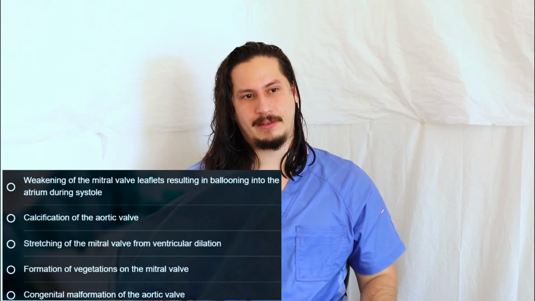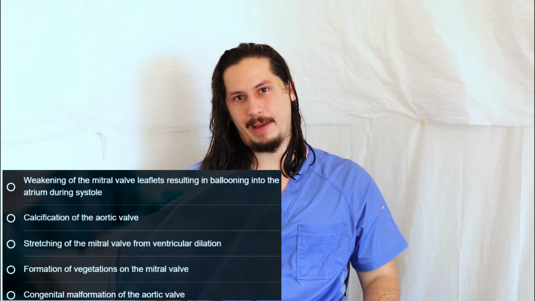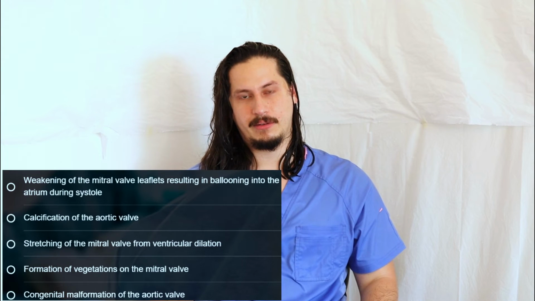Okay, so off the bat, to clarify, this is talking about valves, another cardio question. The valves we usually refer to are the aortic valve, pulmonary, tricuspid, and mitral. This patient has a murmur at the second intercostal space, which is the aortic valve. All right, so what do you got? Stretching of the mitral valve. Next, because we're thinking about aortic, anything with mitral we're not going to consider.